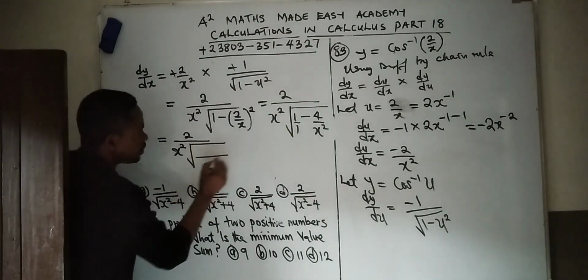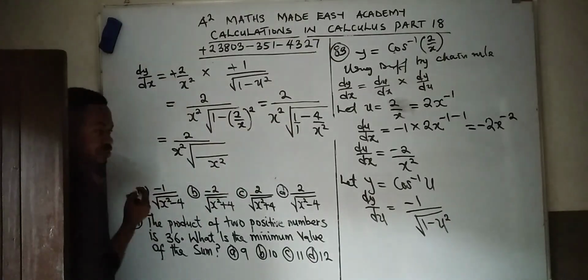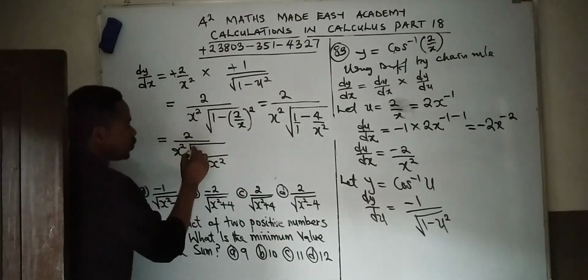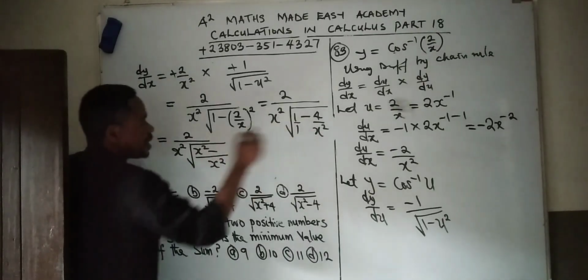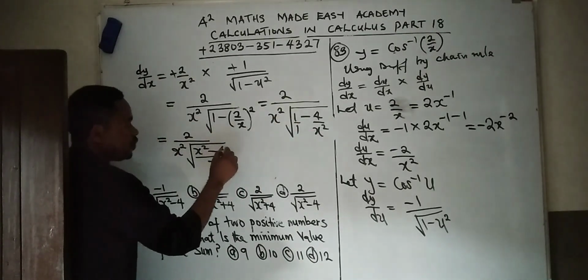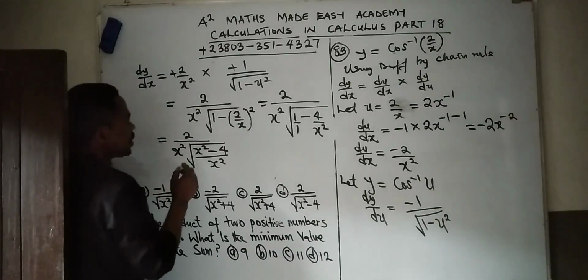The LCM is x squared. X squared over 1 will give you x squared. Then x squared minus 1 times 4 will give you 4. Can we now move ahead?